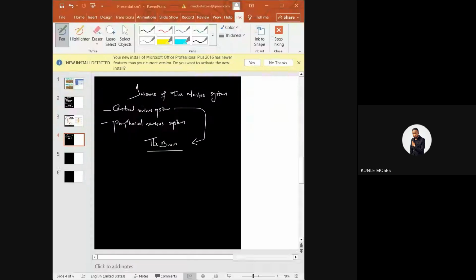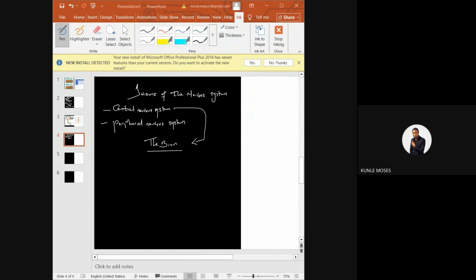The peripheral nervous system can carry information to the CNS, and it can also carry instructions away from the CNS. You get it? All nerves outside the brain and the spinal cord are referred to as the peripheral nervous system.